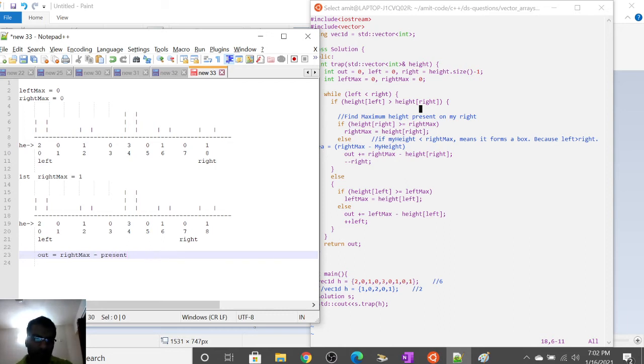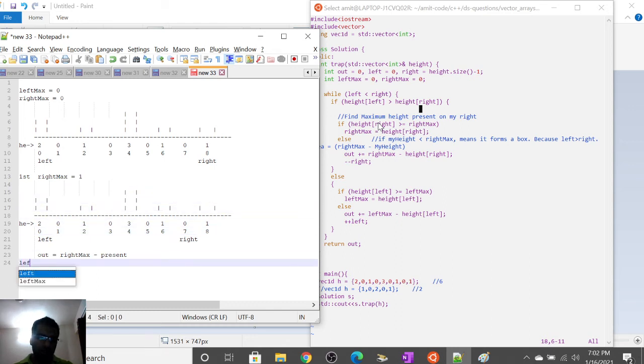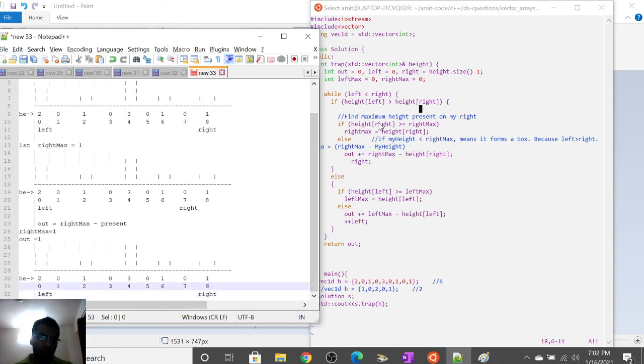It means at this position, index 7, the water that can be trapped is only 1, right? Then this condition still holds true. Right max is still 1, and out becomes 1. Then we'll move right again to this position.